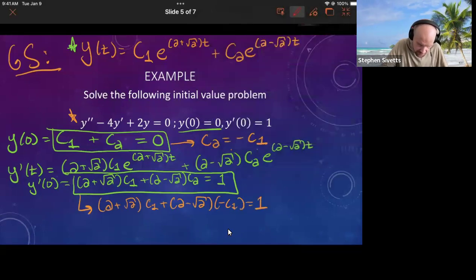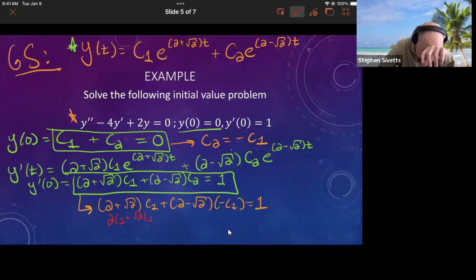Okay, so now terms will cancel. We'll have a 2 times C1 plus root 2 times C1 here, and then a minus 2C1 and then plus root 2 C1 here as well. And that has to equal 1.